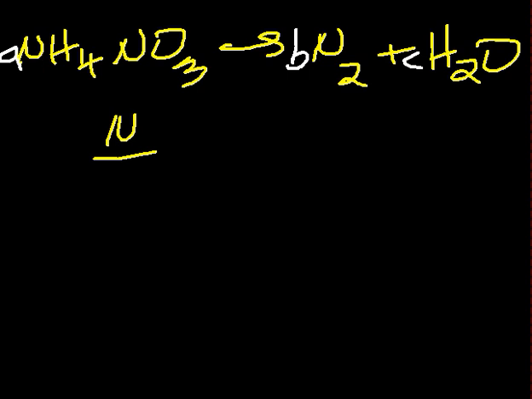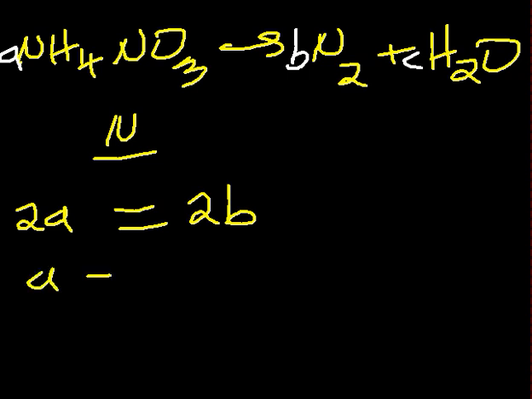So we'll have 2 times A, that will be given as 2A, which is equal to, here we also have 2 atoms. In this case, we'll have 2 times B, that will be given as 2B. And of course, this is the same as A is equal to B. This is equation 1. And let's go for the other case.